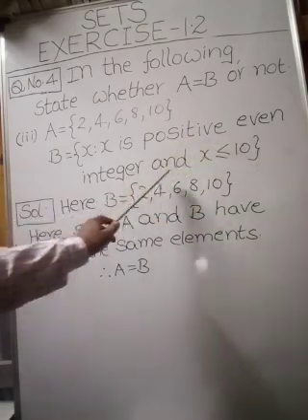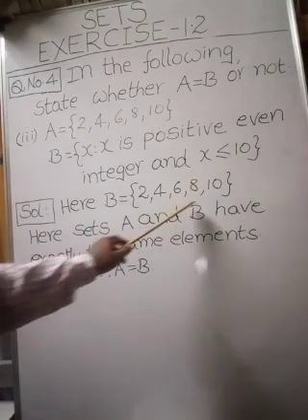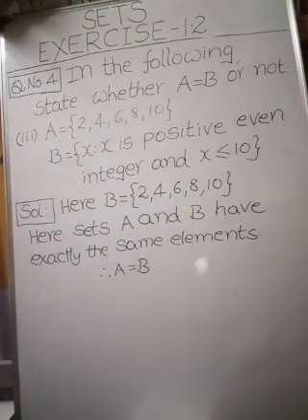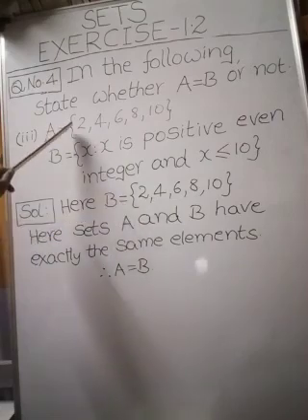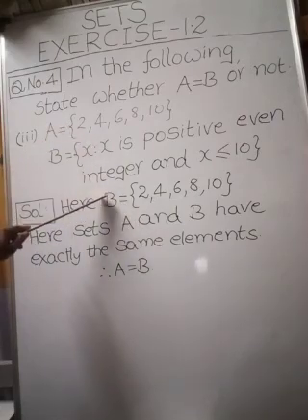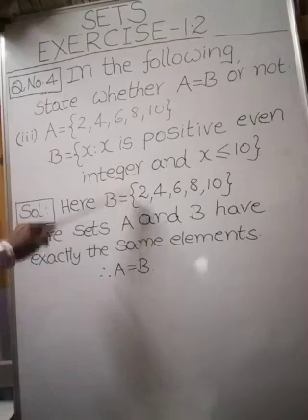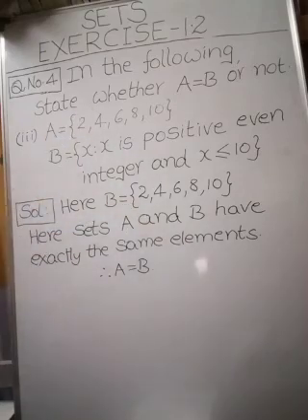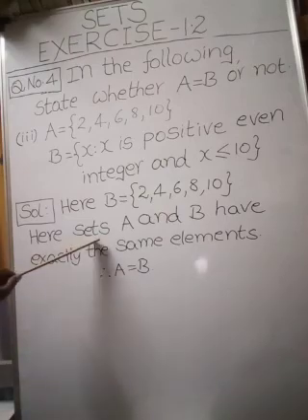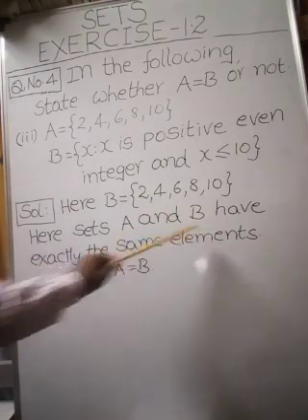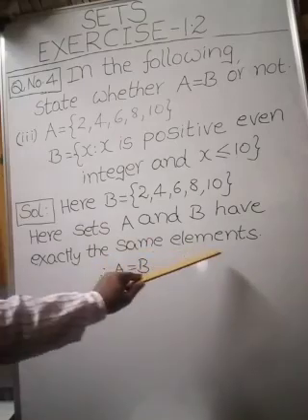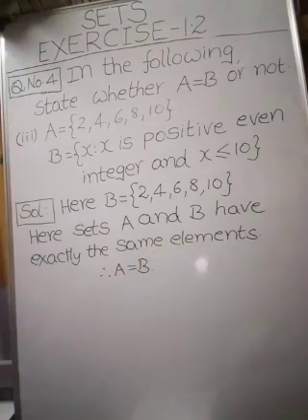Positive even integers less than or equal to 10 means these are the elements in set B. Now compare the elements in set A and set B. Do both sets have exactly the same elements? Yes, here sets A and B have exactly the same elements. Therefore, we can say that the two sets are equal. So we wrote here A is equal to B. Understood, my dear children? Right.